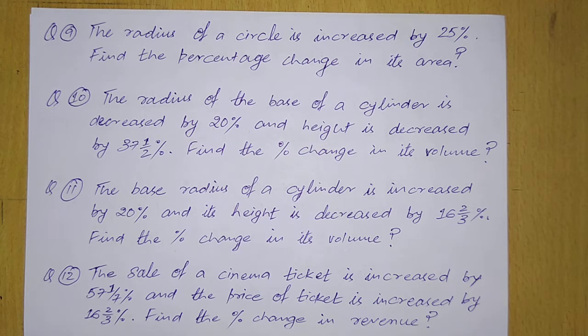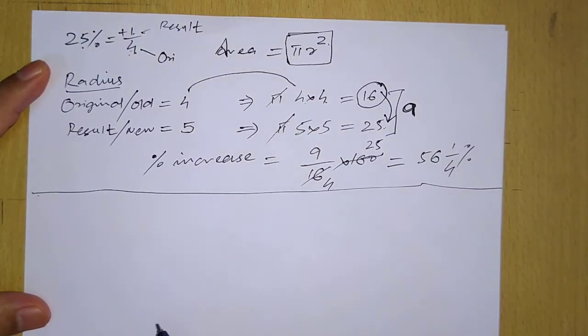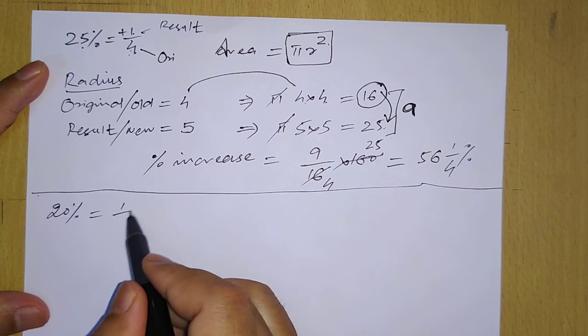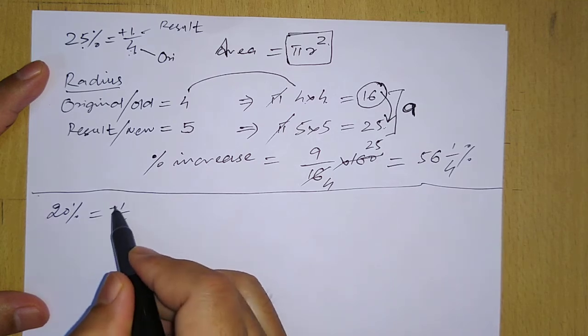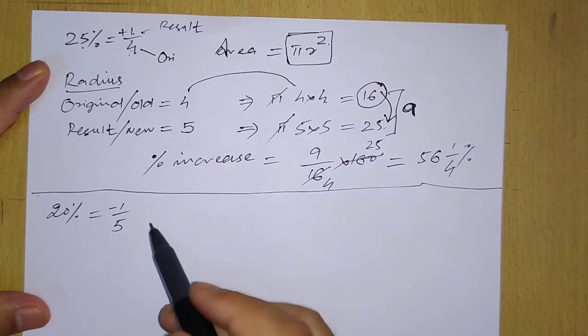Question number 10. The radius of the base of a cylinder is decreased by 20% and the height is decreased by 37 1 by 2%. Find the percentage change in its volume. So it's given that the radius of the base of a cylinder is decreased by 20%. 20% is 1 by 5 and it has been decreased, so minus, and this is the radius.